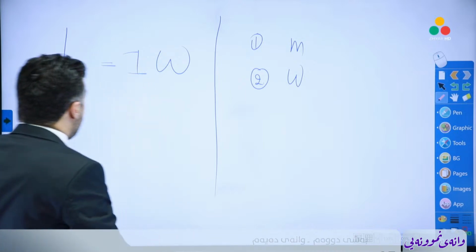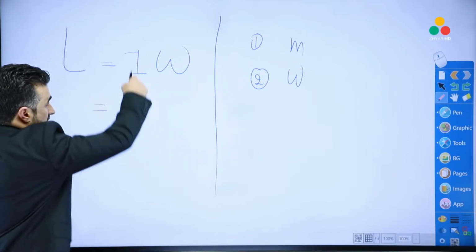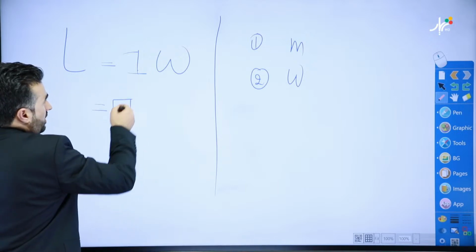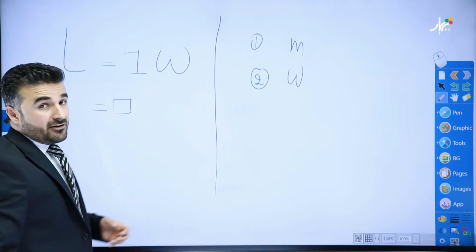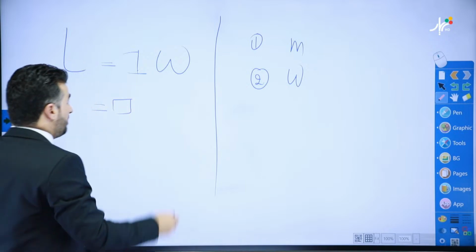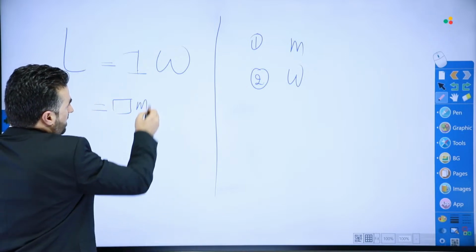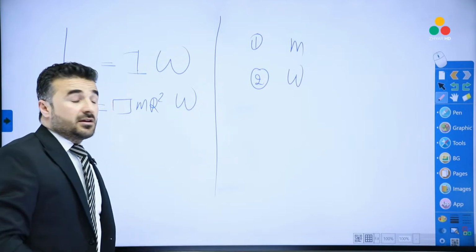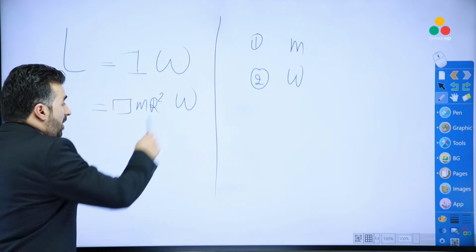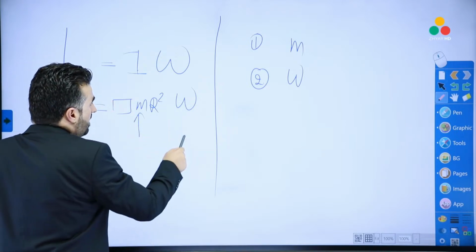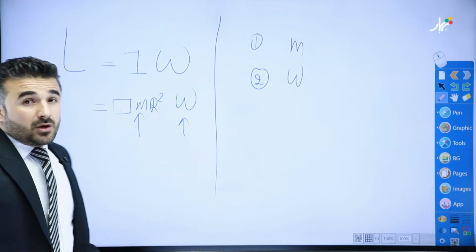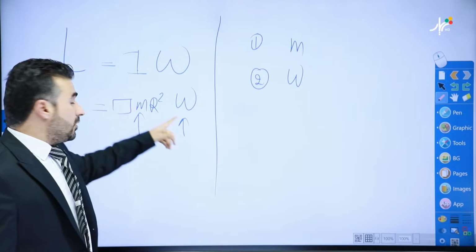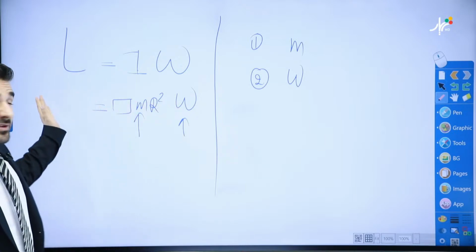And why? Because angular momentum depends on the moment of inertia. And the moment of inertia depends on the shape of the object, because there is a factor that we multiply by mass times the radius squared, and then multiplied by angular speed, yes? So it is possible for two objects that have the same mass and the same angular speed, but remember, if they don't have the same radius, because there is a radius in the equation, it could lead to a different moment of inertia.